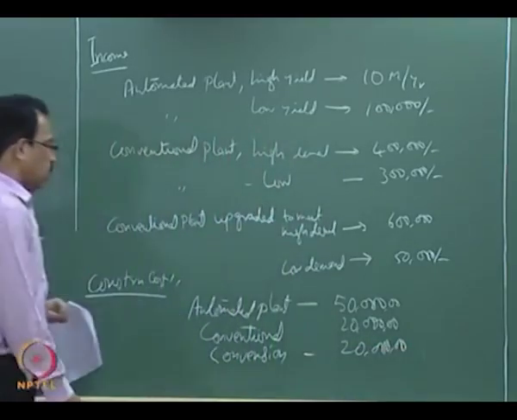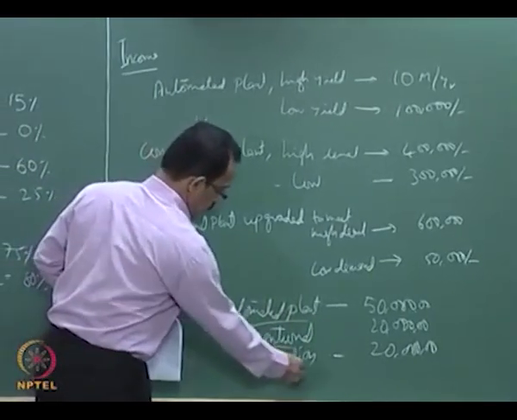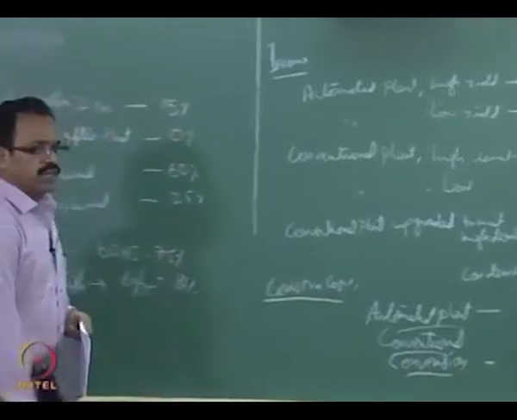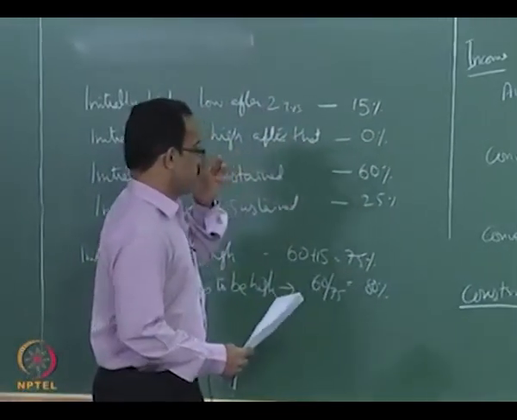So these are the costs involved in setting up the plant: an automated plant, a conventional plant, or conversion of the conventional plant to an automated plant. So these are the data available for decision making.